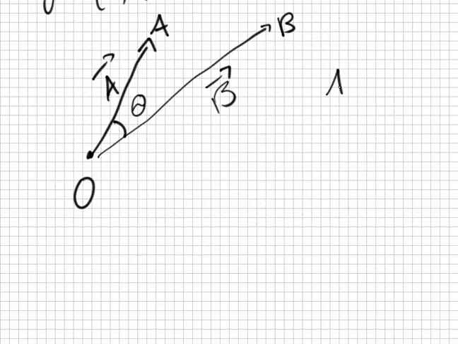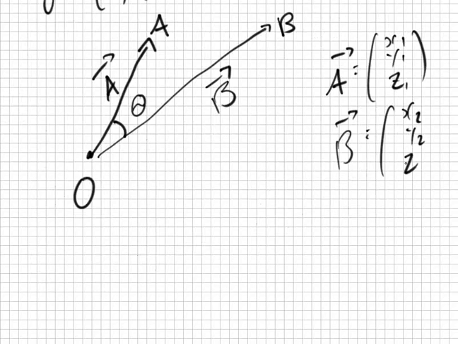So we know A, so let me call A x1, y1, z1. And we know B, let me call it x2, y2, z2. And we'd like the angle between these two vectors. Now, even if this is in 3 dimensions, it still makes a triangle. So if you had 2 vectors, doesn't matter what way they're pointing, in 3 dimensions, you can always connect the ends of them and you can get a nice flat triangle every time.